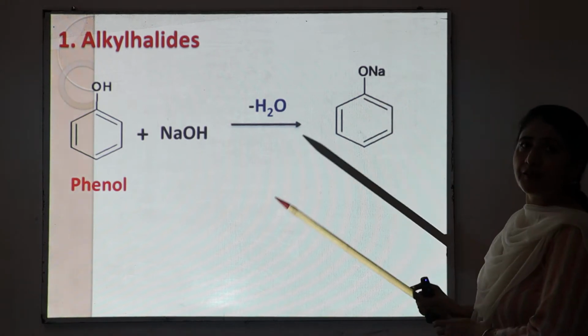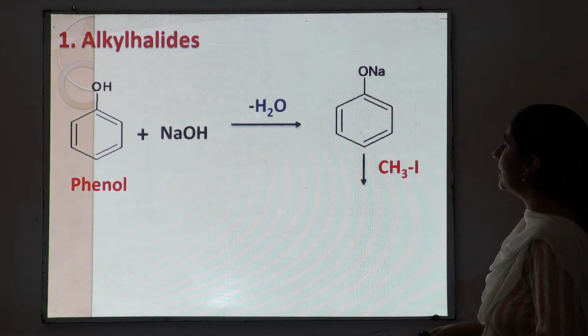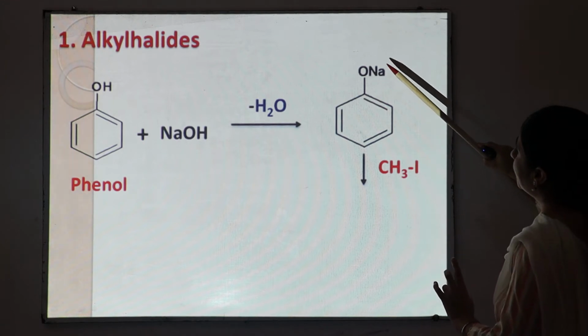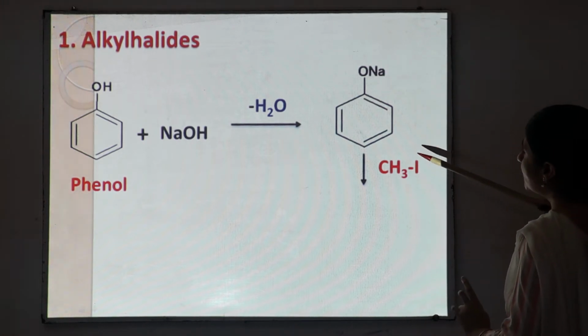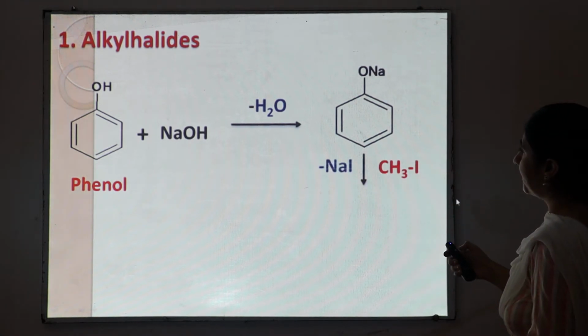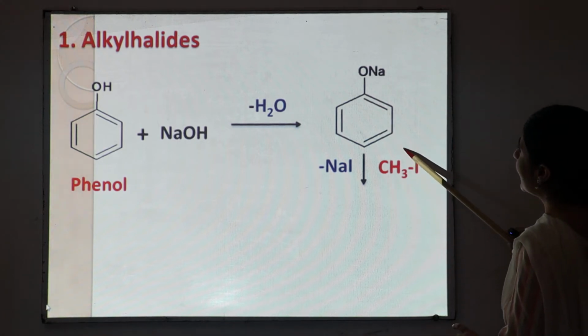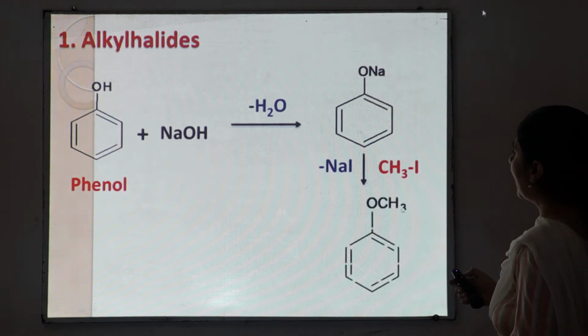Now this sodium phenoxide reacts with the alkyl halide. Here I am taking the alkyl halide as methyl iodide. In this case, the sodium ion, positive ion, combines with the iodide ion to form sodium iodide. And the remaining CH3 positive is attached to this oxygen to form an ether.